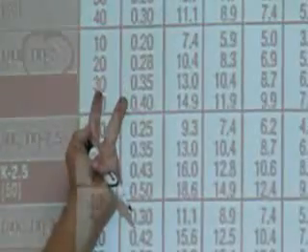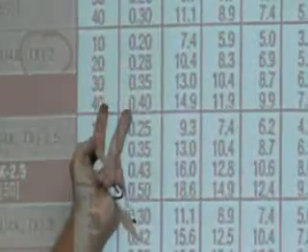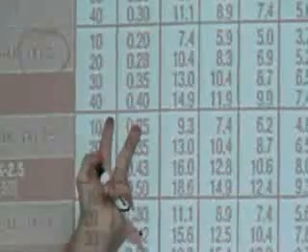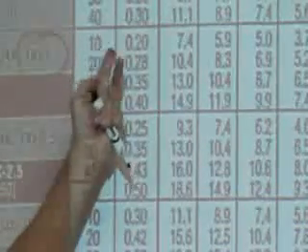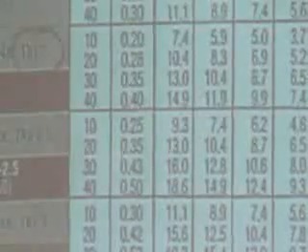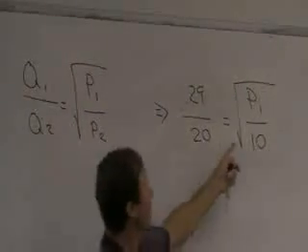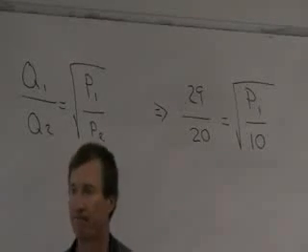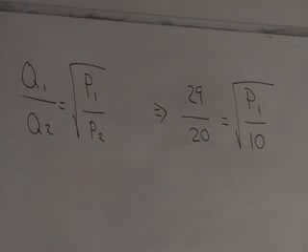I could use any of these in there. Going to get the same answer, approximately. Now I like to use this one because I like to work with numbers greater than 1, as opposed to less. That doesn't really matter what number you put in there. I could have put in a 0.4 and a 40. I calculate the same P1. Let's calculate P1.